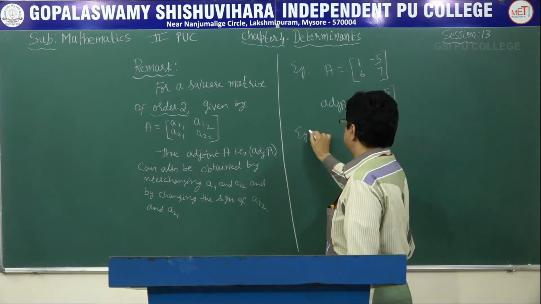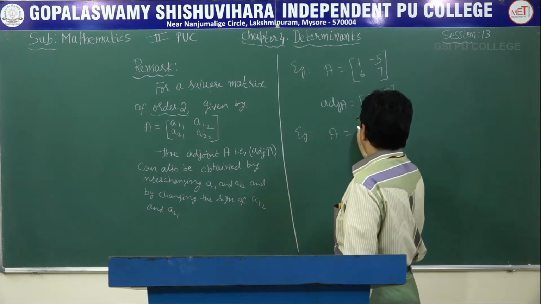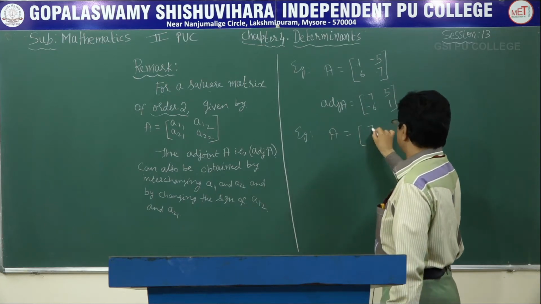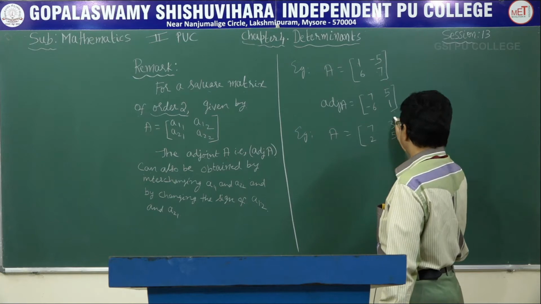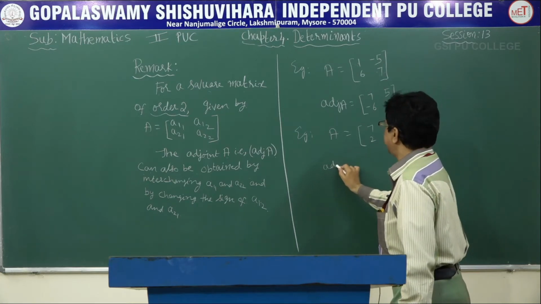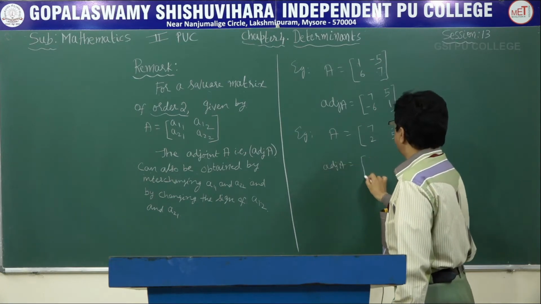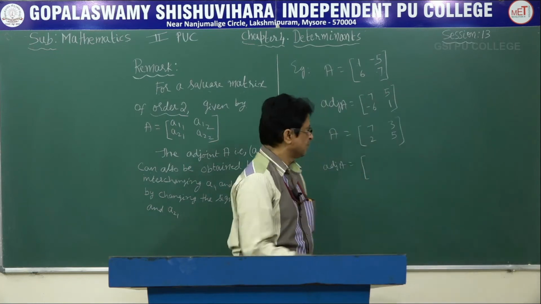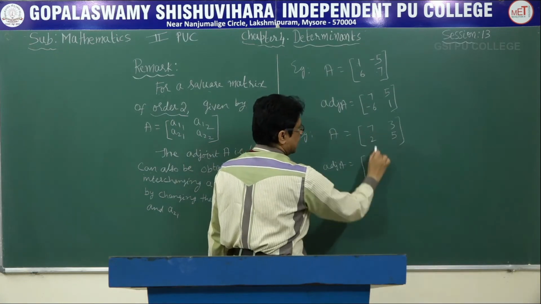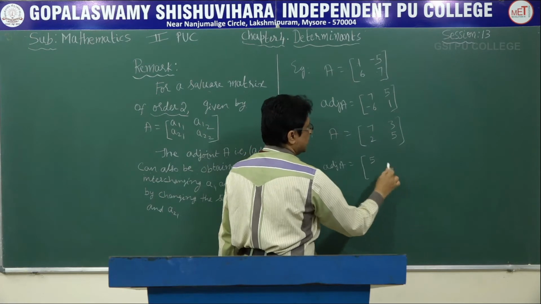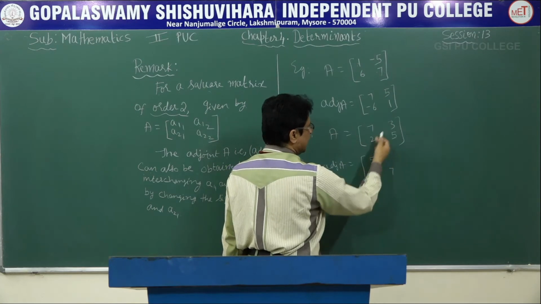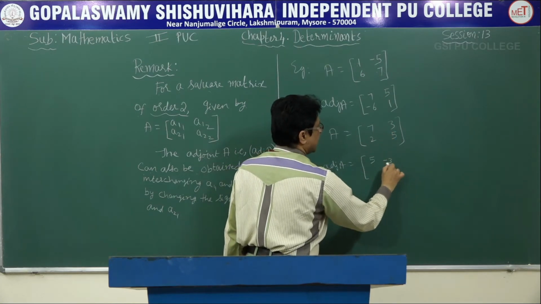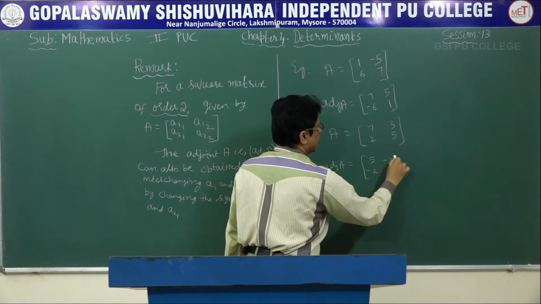Another example, if A is equal to 7, 3, 2, 5. So adjoint A will be equal to, interchange the principal diagonal elements 5, 7 and change the sign of the other diagonal elements. That is, we get minus 3, here we get minus 2.